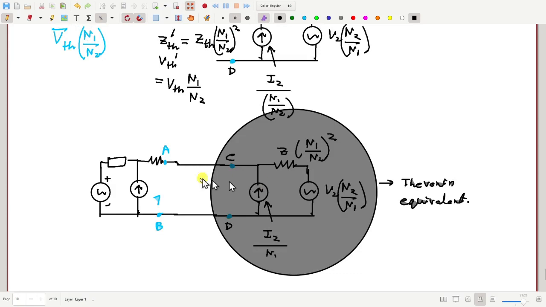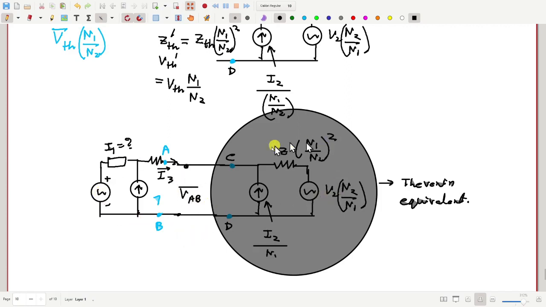Okay, and now I can solve this circuit. So I will get how much is the current here, call it I1, the current here, call it I3, and the voltage between A and B, VAB.